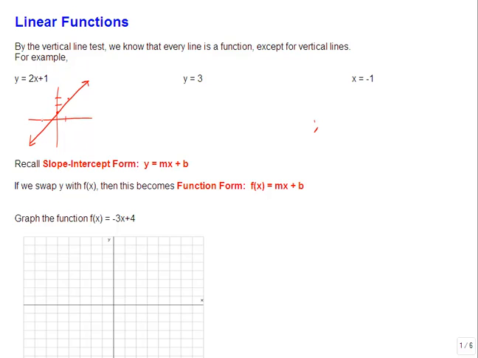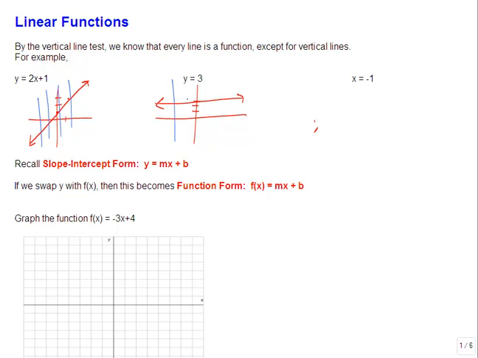And obviously that's going to pass the vertical line test because every vertical line is only going to intersect it once. So every line that's slanted like this is going to be a function. If we think about a horizontal line, which would be an equation of the form y equals a number, y equals 3 has a graph that looks like this, a nice horizontal line.